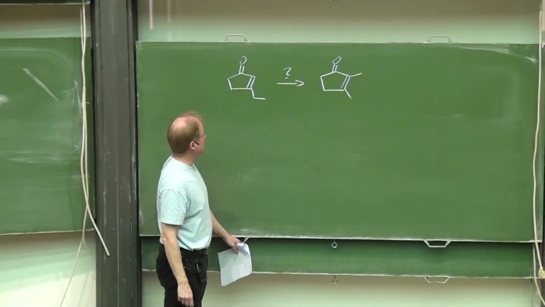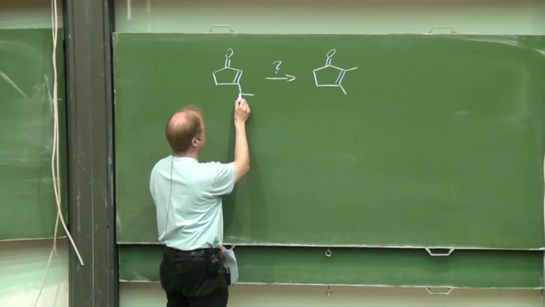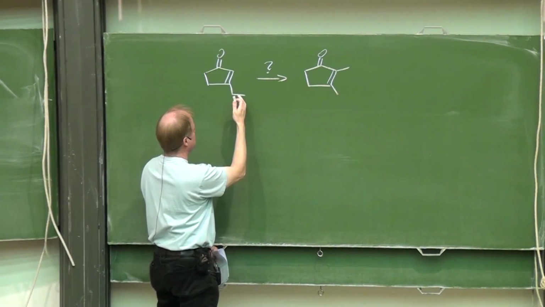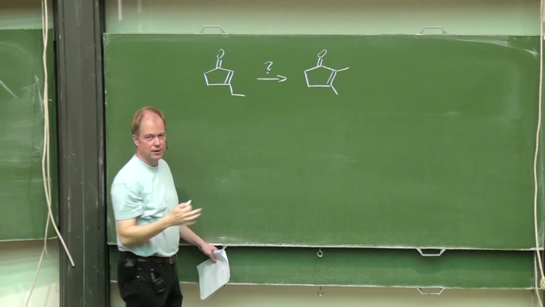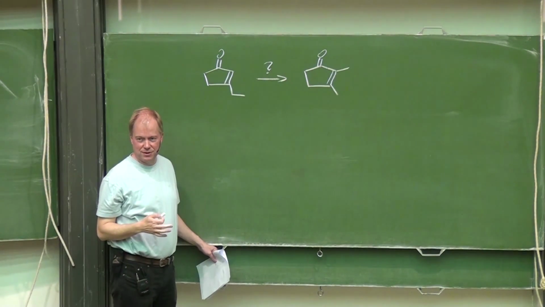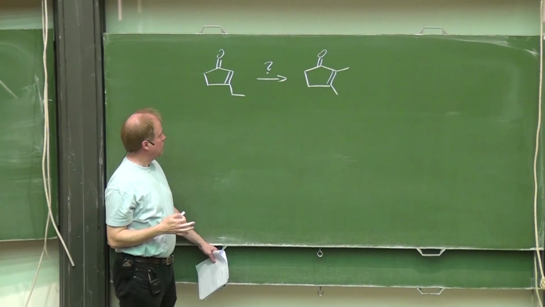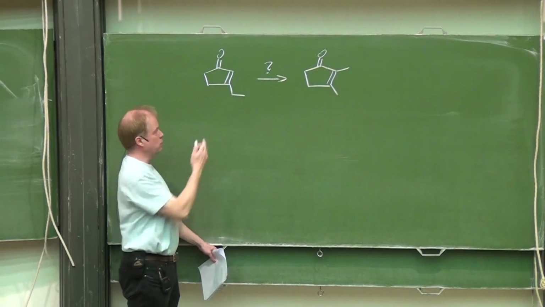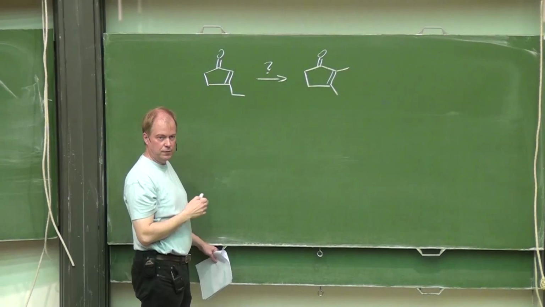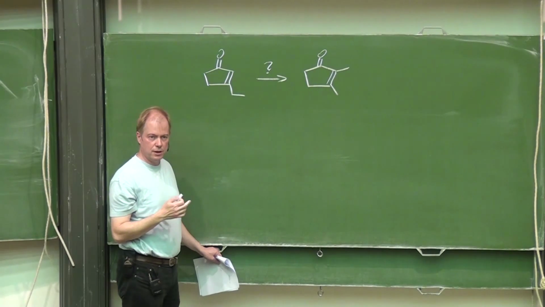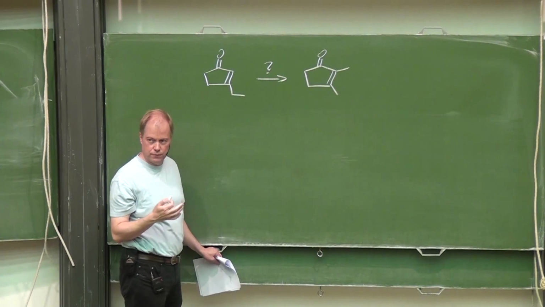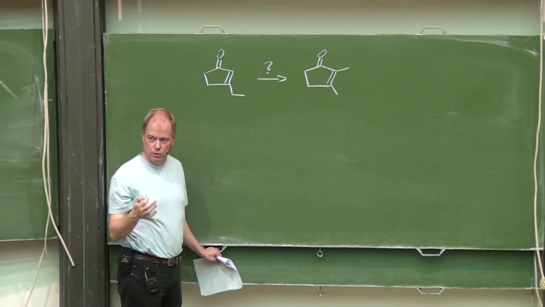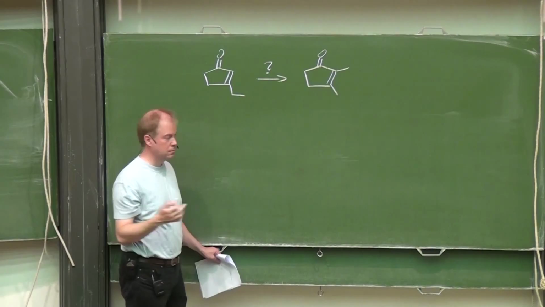So clearly, somehow disconnecting this CC bond and transferring the methyl group to this position, getting rid of a hydrogen there, is not possible. It's clear. Well, but now think about how you would synthesize these. Alpha-beta unsaturated carbonyl compounds are usually synthesized by aldol condensation.